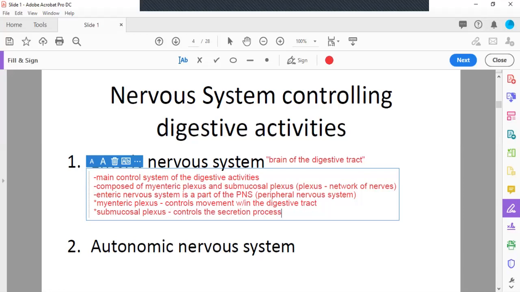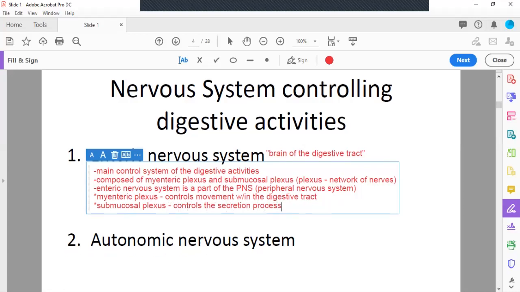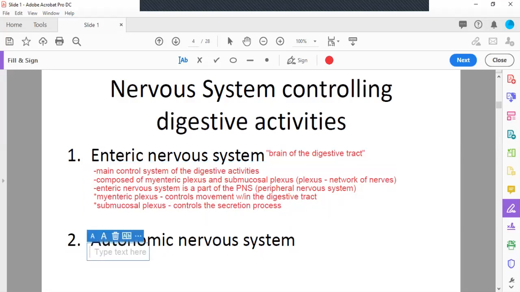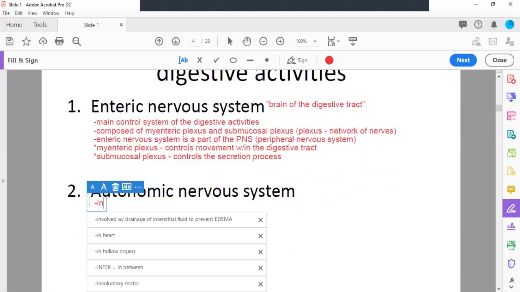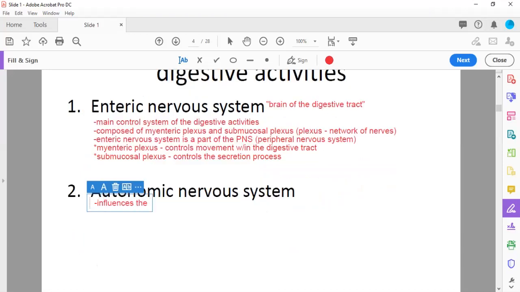Very good. Now let's move on to the autonomic nervous system. Now, the autonomic nervous system is not the main control system of the digestive activities, but rather it influences the digestive activities.